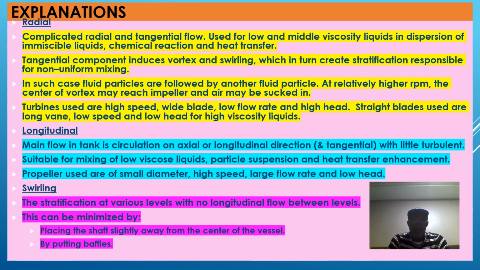This can be minimized by placing the shaft slightly away from the center. So instead of being at the center of the agitation vessel, the shaft can be shifted a little, and this will reduce the stratification as a result of swirling.